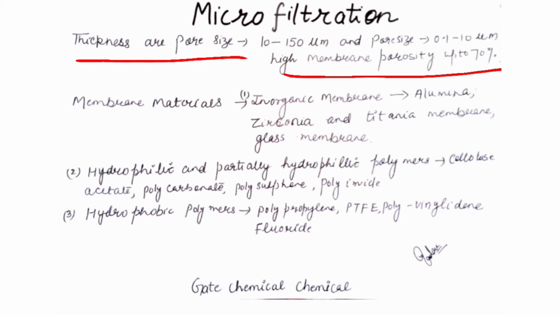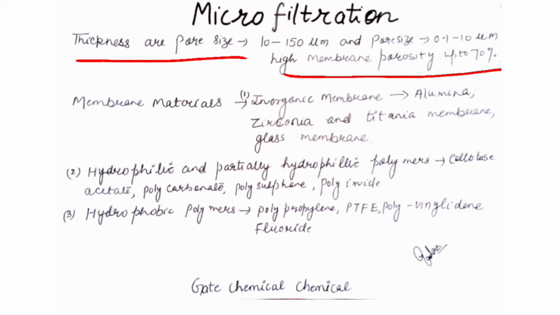Cellulose acetate, polycarbonate, polysulfone and polyimides. These are hydrophilic and partially hydrophilic polymers used for microfiltration membranes. Okay, and the third type is hydrophobic polymers: polypropylene, PTFE and polyvinylidene fluoride. These are the hydrophobic polymeric materials used for making microfiltration membranes.